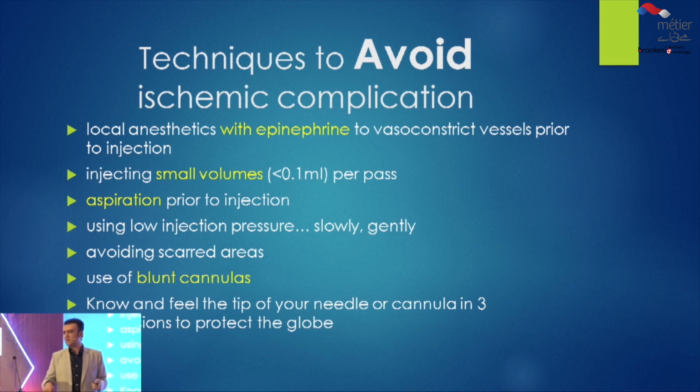Nothing is safe even after following all of these precautions. So blunt cannulas, try to use them, and always try to feel the tip of your cannula while targeting the infraorbital area. You may hit the orbit, you may hit the globe.